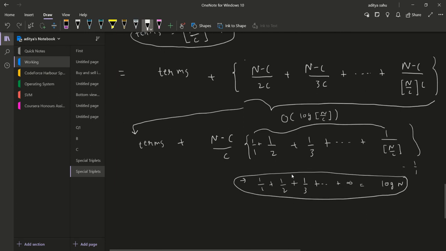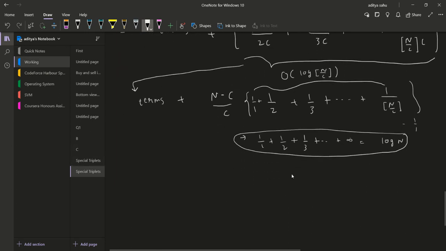This series basically asymptotically reaches a log n expression. So the long story short is that if you simply calculate this series, you can do it in order of log of n by c time. And for each value of c, c can have an order of n. So for each value of c, you can do this series sum operation. These other terms are constants, order 1 operations.